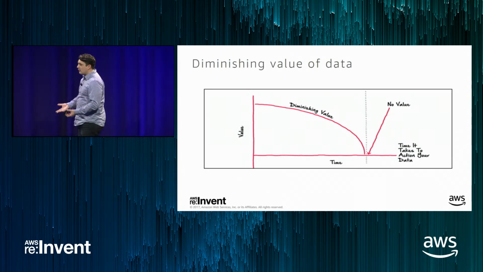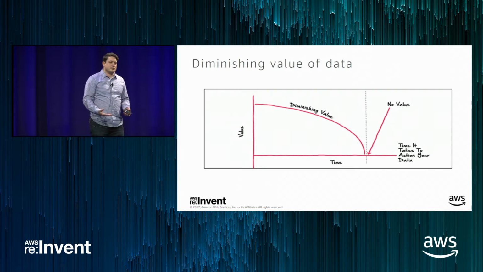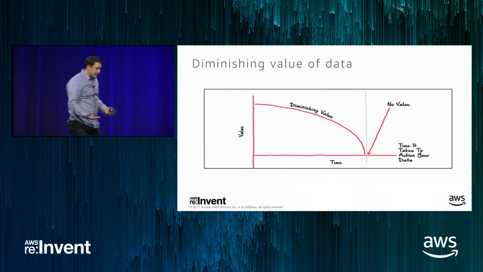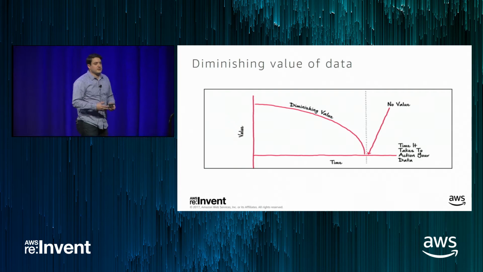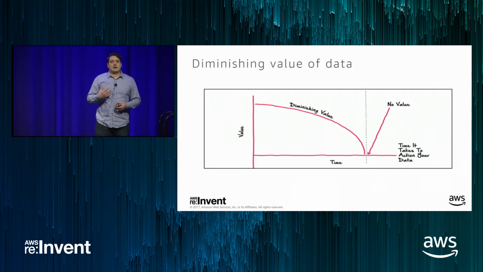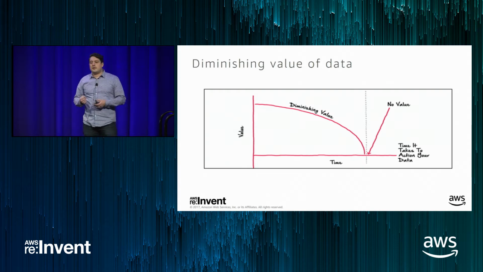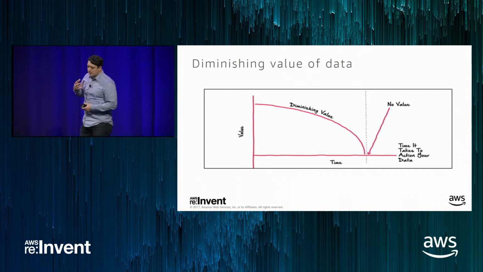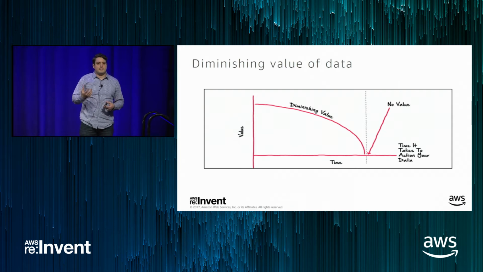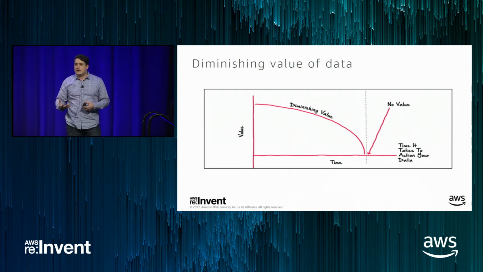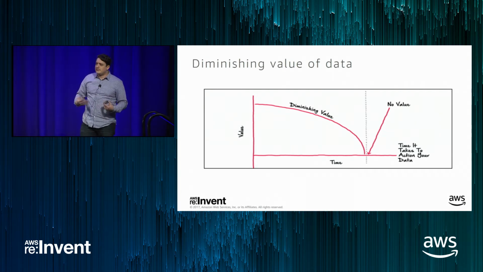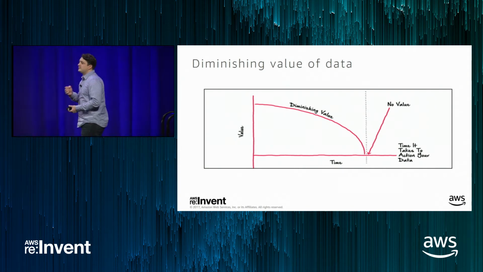For those who aren't familiar with streaming data, one of the primary value propositions of using a service like Amazon Kinesis, or any other streaming data service for that matter, is that it allows you to extract more value from your data more quickly. The easiest analogy I have for this is the fraud detection use case. You are traveling somewhere, you use your credit card, you get an instant message or phone call from your bank, and the bank tells you, hey, was this a valid charge? That is really useful information.